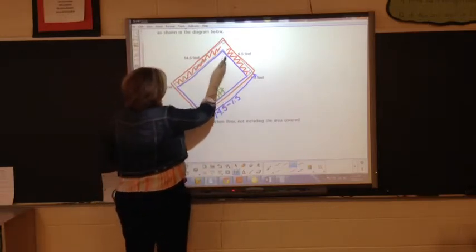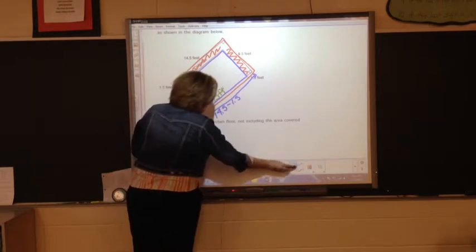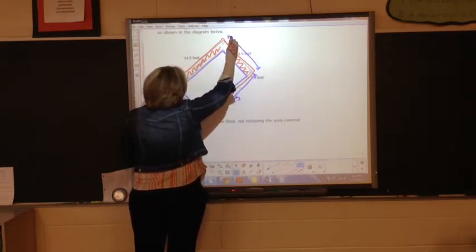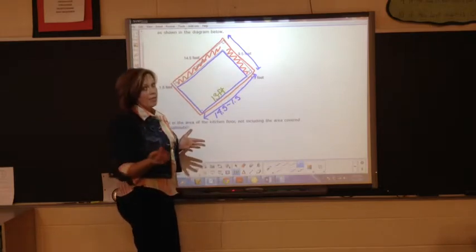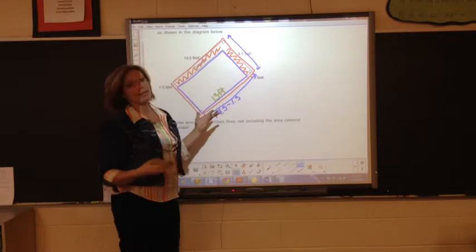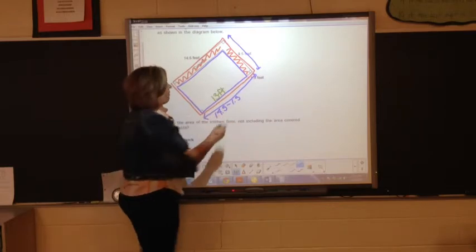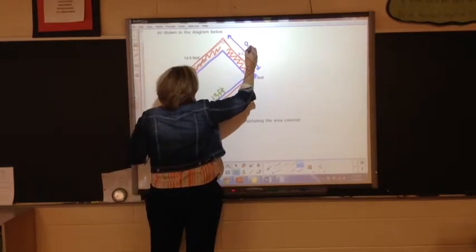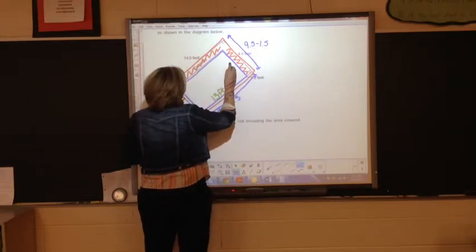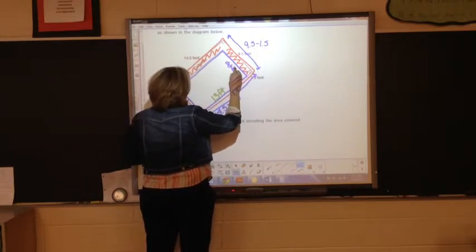Now I'm going to look at this side, and I see that this dimension right here is 9.5 feet. However, I have cabinetry here as well, and again, the cabinetry is 1.5 feet. So 9.5 minus 1.5 equals 8 feet.